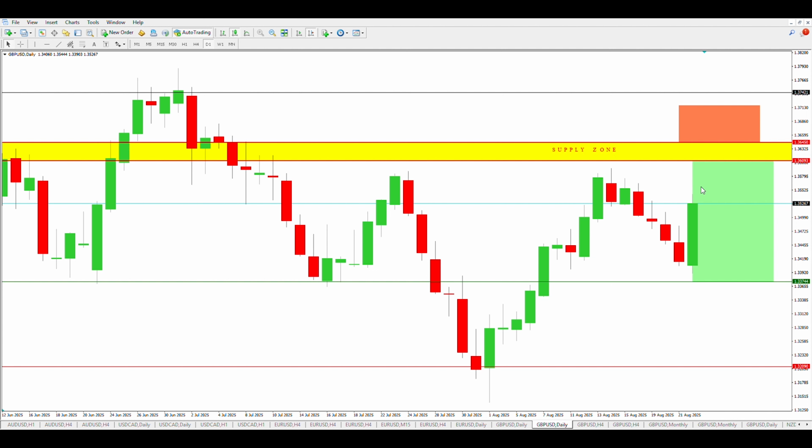And if sellers are coming up, we have already taken into consideration the risk management around 700 points away from the current price, but you're going to push price lower into the previous pivot 1.33744, and if it closes below, we are going to have a very big drop of price into the next supply zone.